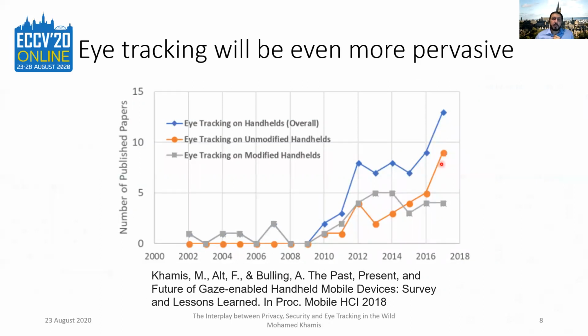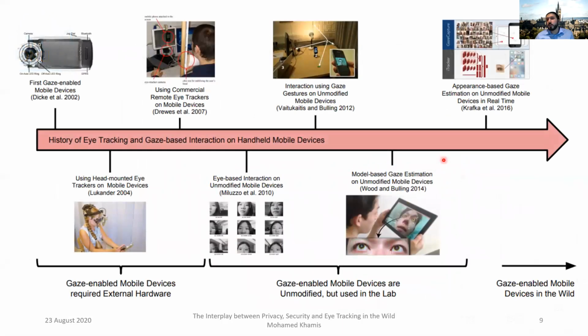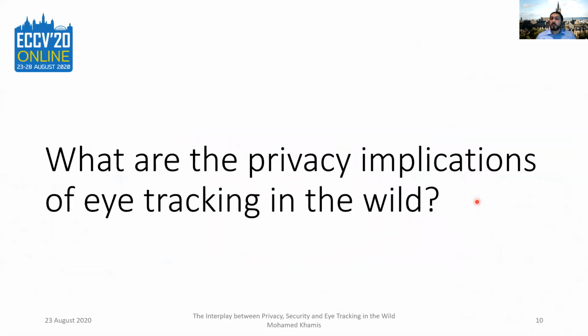And that was even before the release of mobile phones that come with depth imaging, or at least depth imaging in the front-facing camera. So actually, we are starting to see more and more applications of eye tracking that are becoming more pervasive, that do not require additional hardware. And I agree that this is super exciting, but at the same time, it comes with privacy implications.